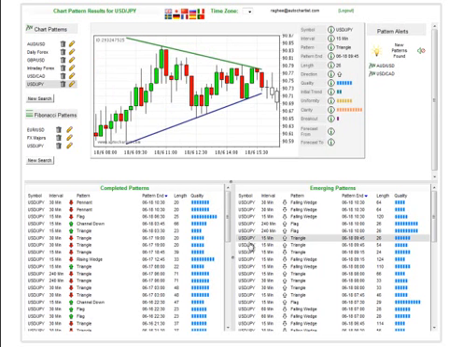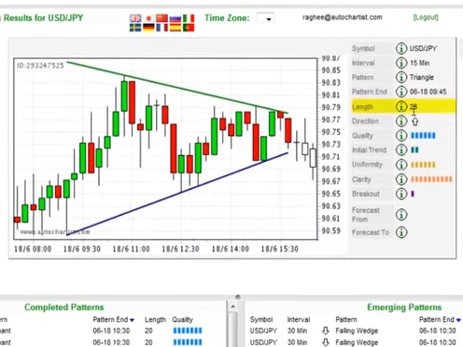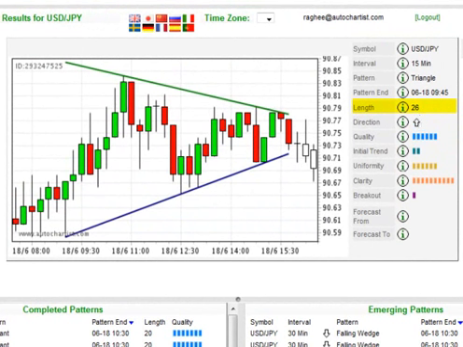For example, notice this $-yen 15-minute triangle pattern in the emerging pattern section that has an initial trend reading of just 2 bars. This indicates that as this triangle pattern was forming over the length of 26 candles, in other words, it took 26 candles for this pattern to form and then finally alert, the dominant trend was a quiet sideways direction, and therefore you can see the 2 initial trending bar reading.